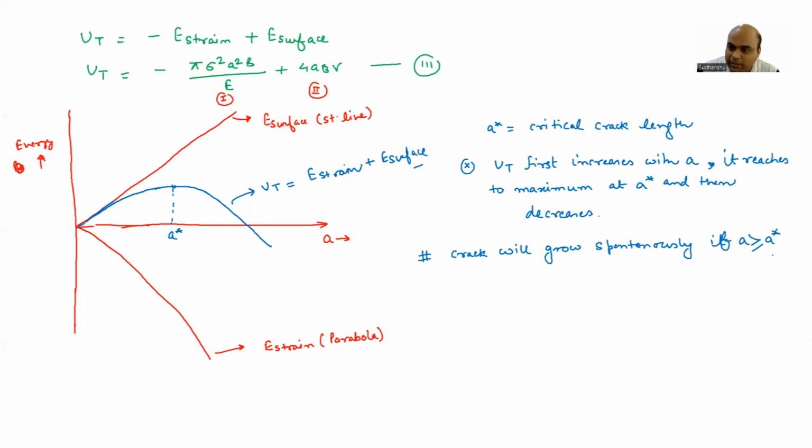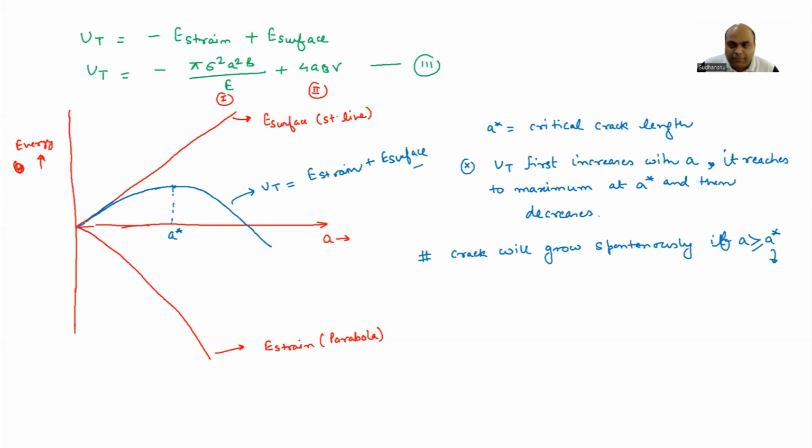And that's why A star is called critical crack length. Okay. So here what you are seeing, you have an applied stress of sigma. You got a relationship of UT, which is a combination of E strain and E surface. And finally, we have figured out a crack length, the critical crack length, at which, as soon as it reaches that particular value, it is going to grow spontaneously. Crack is going to propagate by itself.